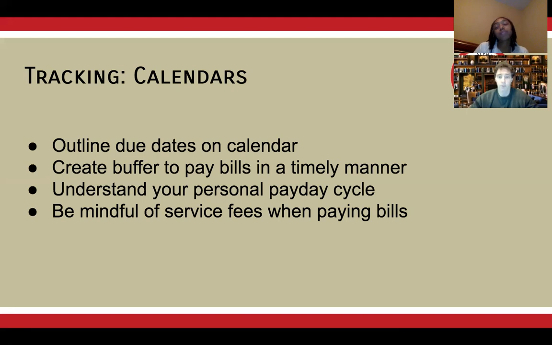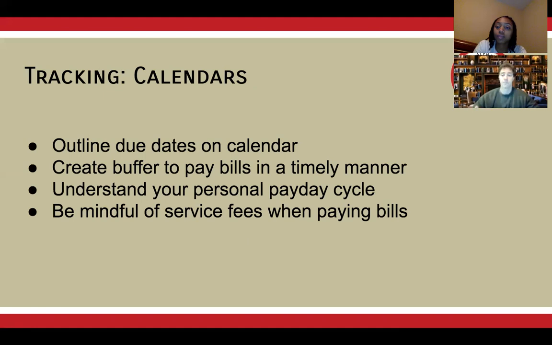Some people put it in their phone calendars, but use some type of visualization just so you know when the due date is. And that's why you want to make a buffer, in case you miss a bill, or a bill is pretty close. You want to have some type of buffer, depending on how much your actual income is and what your bills are, that you can manage when you pay a bill, and forecast what bills you have.